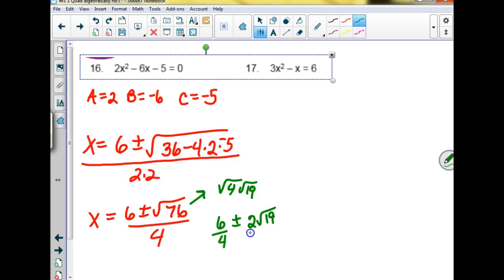And they are both over a 4. So 6 divided by 4 is 3/2. And back here, this 2 goes into this 4, and I get square root of 19 over 2. Or you could have left it 3 plus or minus the square root of 19 all over 2.